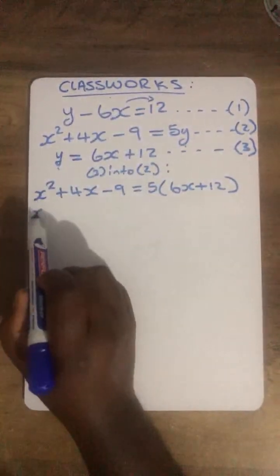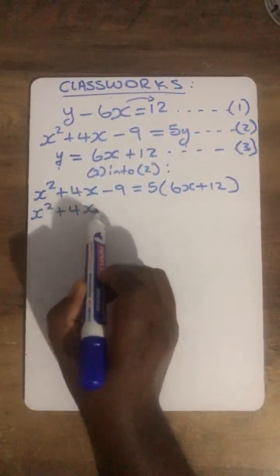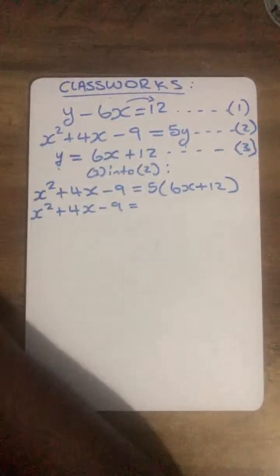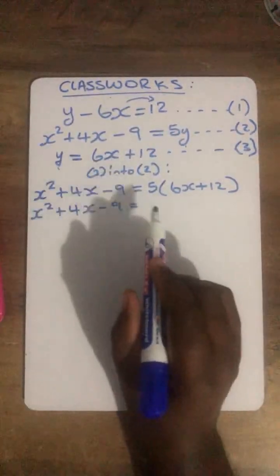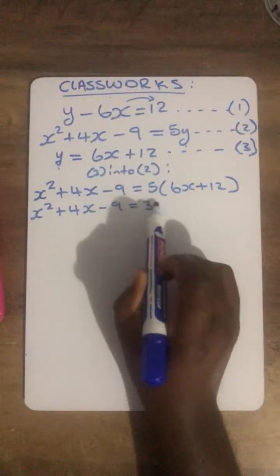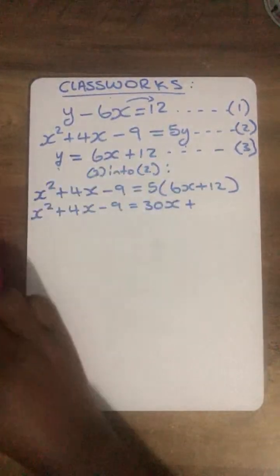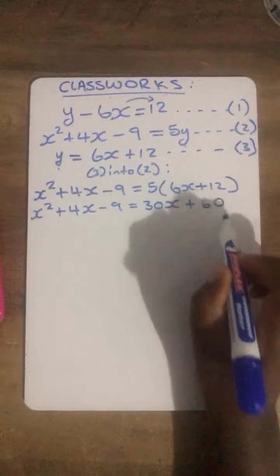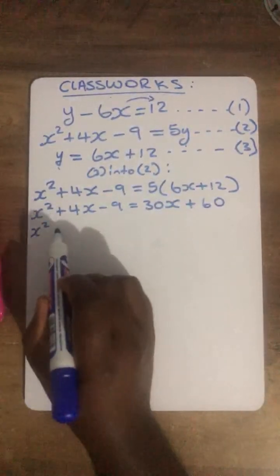So now let's try to simplify. We obviously have plus 4x minus 9 there, equals, what is 5 times 6? Let's see, is it 24? 5 times 6 is 30. So we have 30x there. Plus, what is 5 times 12? That is 60. And now we just need to rewrite it in the standard form.